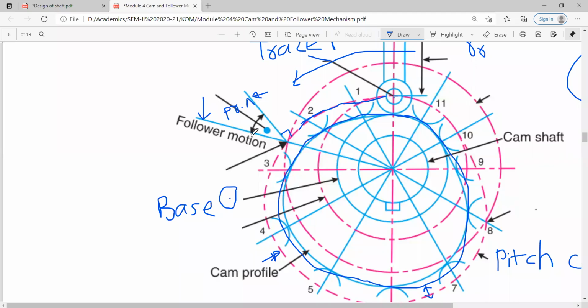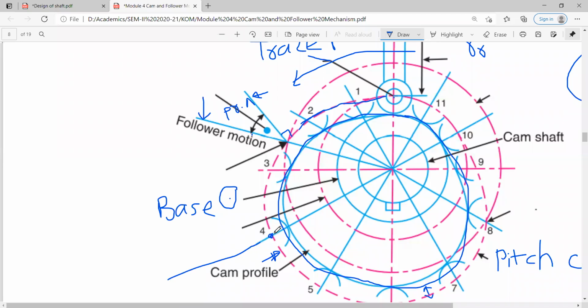Suppose you want to measure the pressure angle at any other point on the pitch curve. For example, I want to measure at point 4 what the pressure angle is. First of all, I will join this point to the center. It is the direction of follower motion.